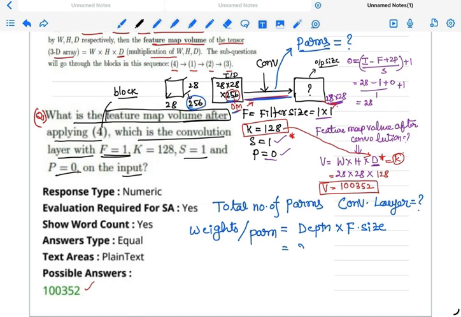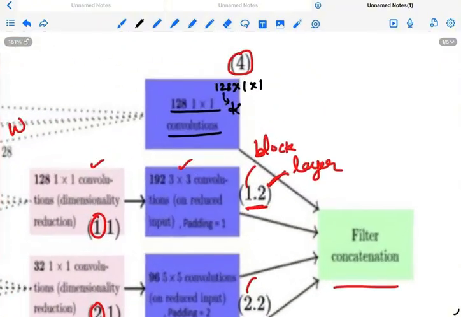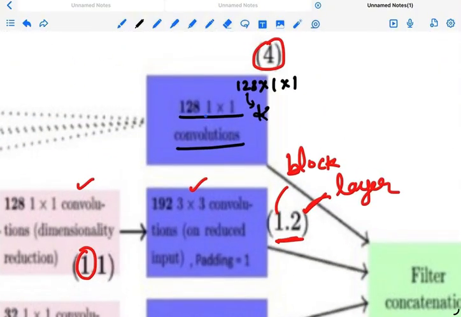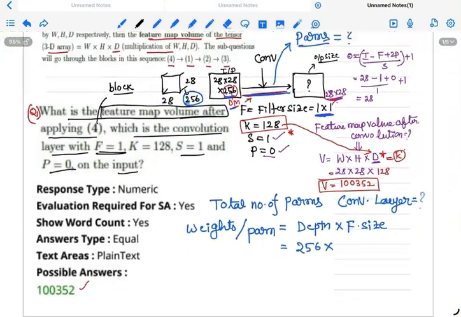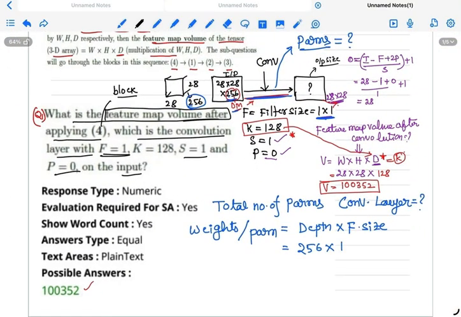That is 256 times the filter size, 1 cross 1, as mentioned in block 4 for the convolution layer. So that is 256 weights per filter, plus bias also.